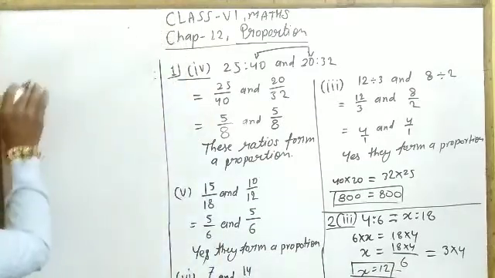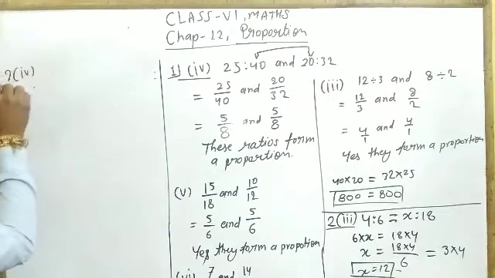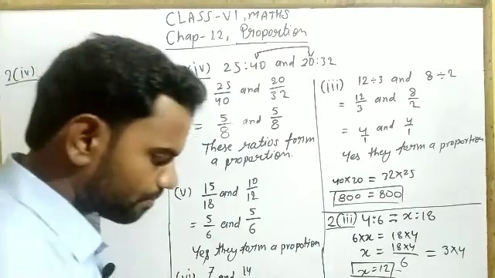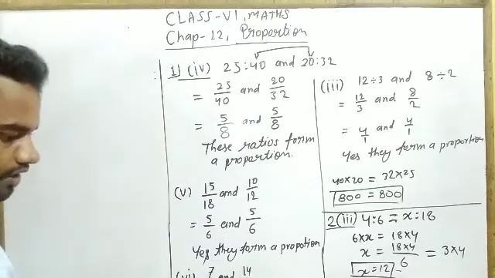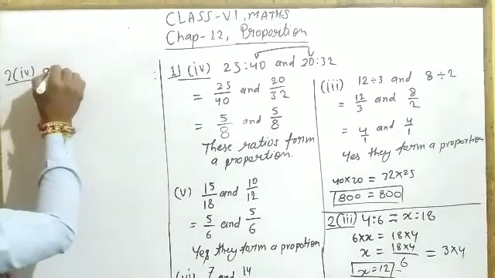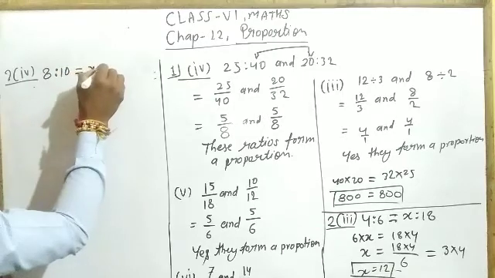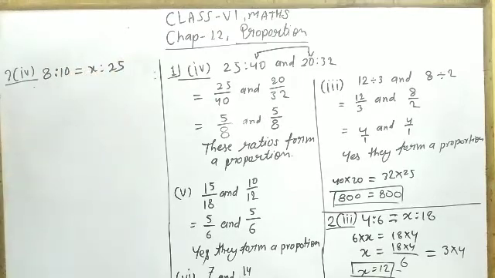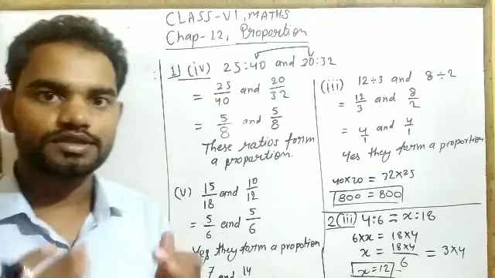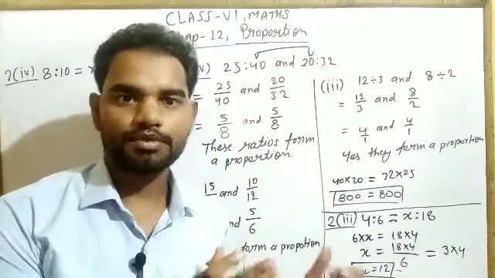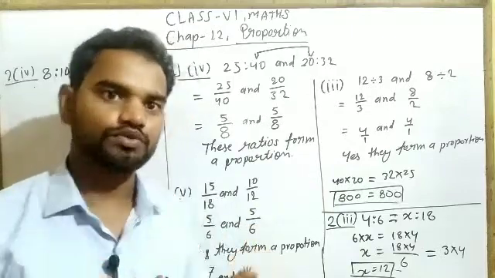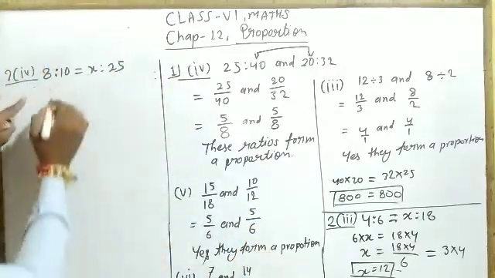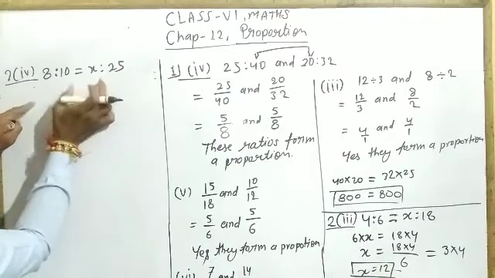The next part is question number 2, part 4. Part 4 is 8:10 equal to x:25. The question said that they are in the form of proportion. It means product of means should be equal to product of extremes.